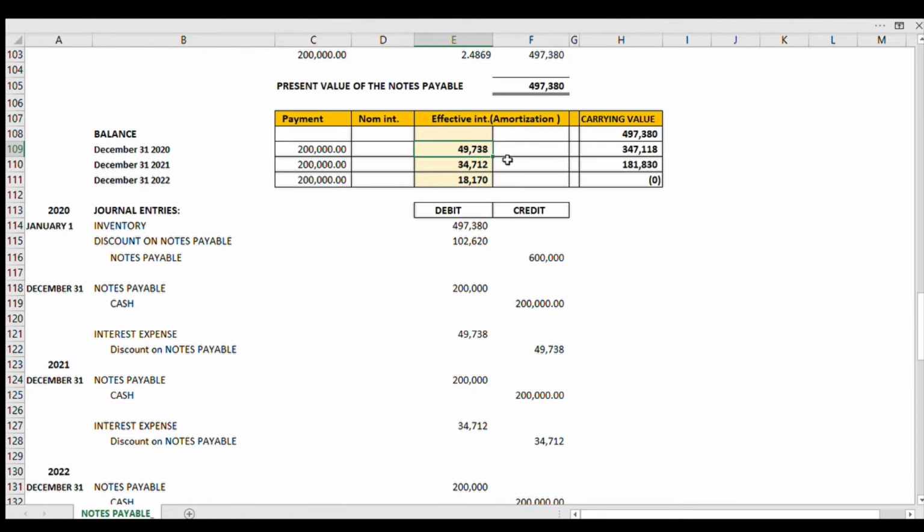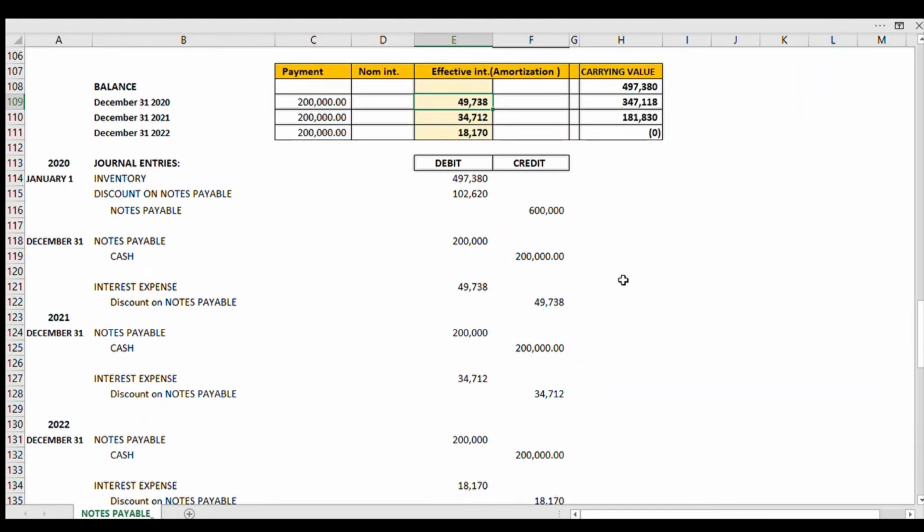That's how the discount on notes payable affects the notes payable account.